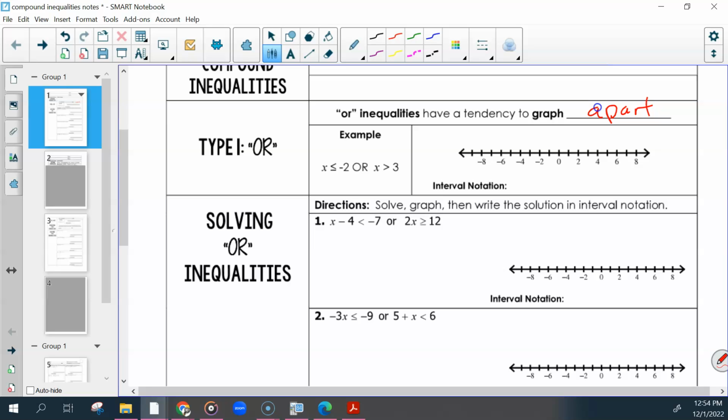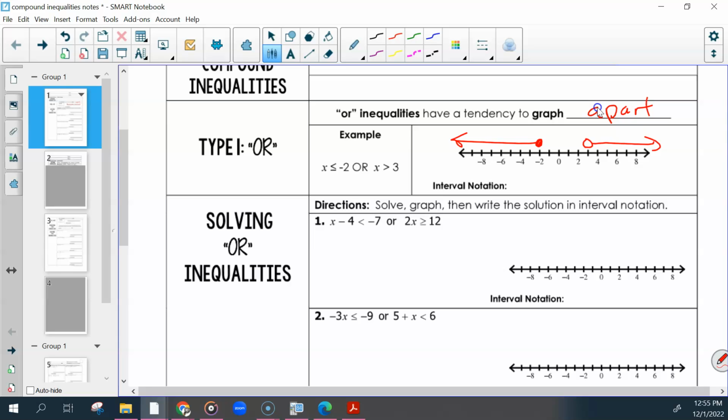X is less than -2 or x is greater than 3. We would graph those like normal. So closed circle going to the left, and then open circle going to the right. So you can see that they're graphing away from each other, graphing apart.